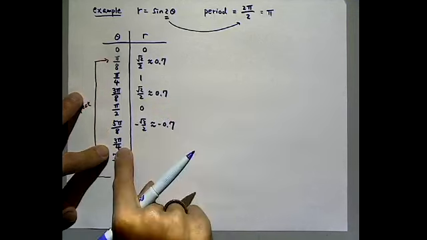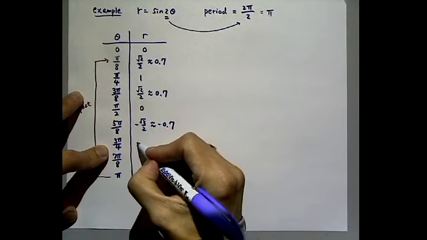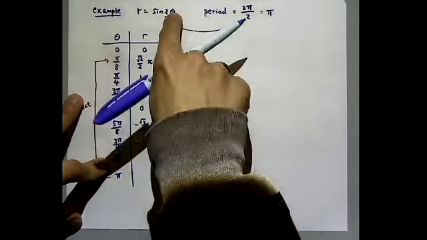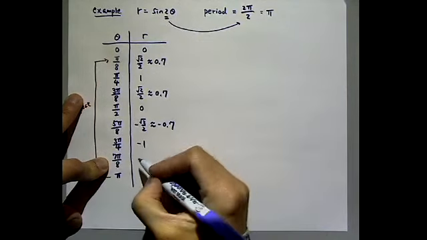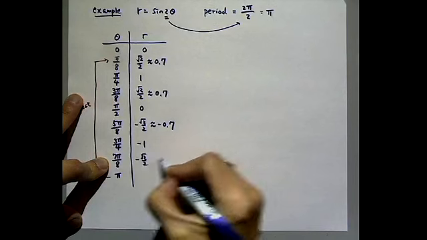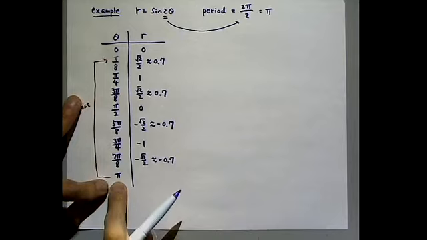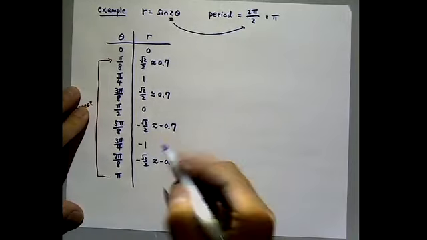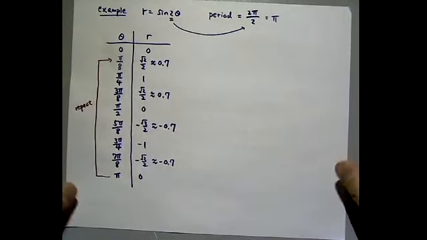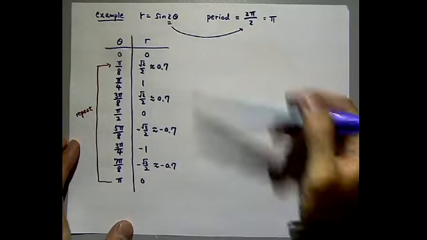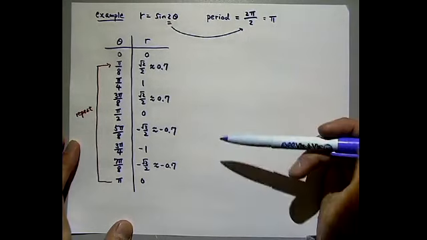And then sine of 3 pi over 2 is negative 1. Sine of 7 pi over 4 is in the fourth quadrant. That's a negative sign. And finally, sine of 2 pi is 0. All right, there we go. Okay, you agree with these values? Yep.